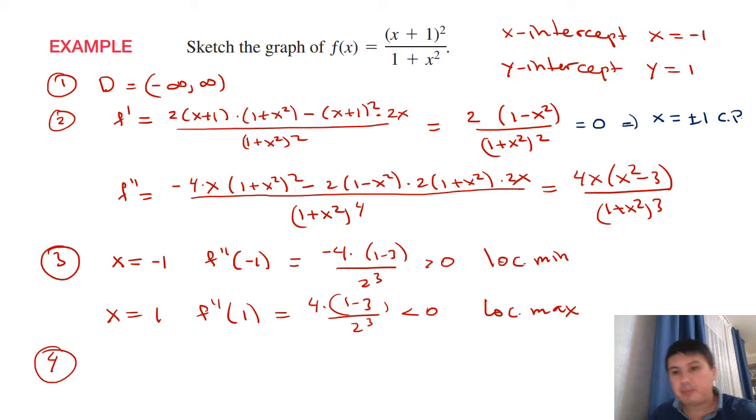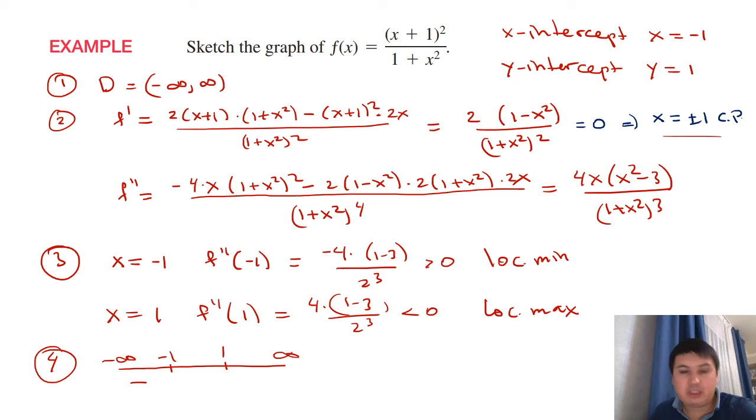Fourth, we would like to investigate monotonicity, where the function is increasing and where it's decreasing. Again, it's about f prime. So you plot on the real line your critical points, -1 and 1. If x is less than -1, what happens to f prime? Then x squared becomes bigger than 1, so 1 minus x squared becomes negative.